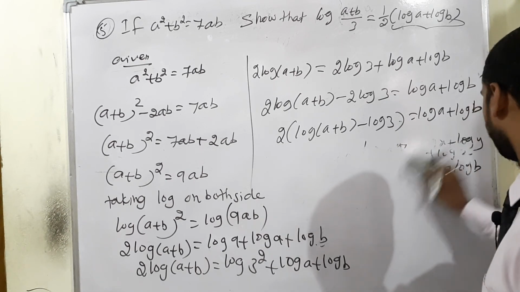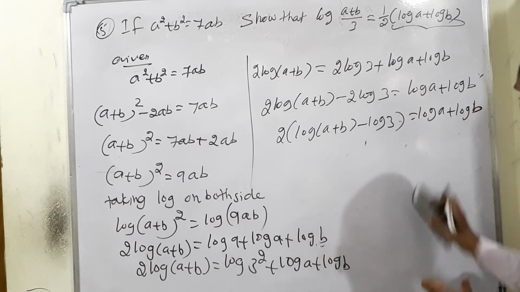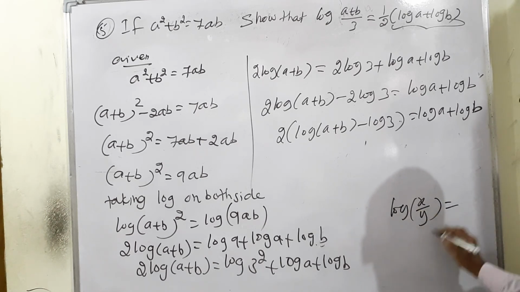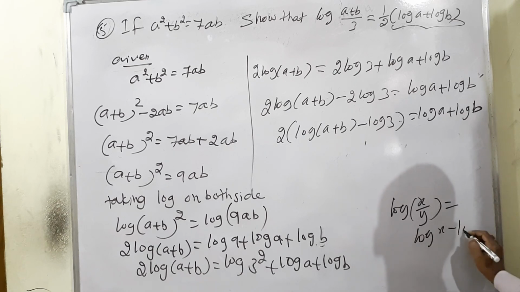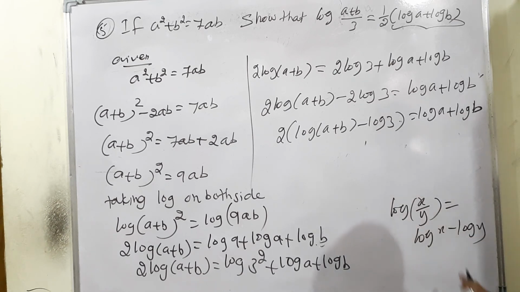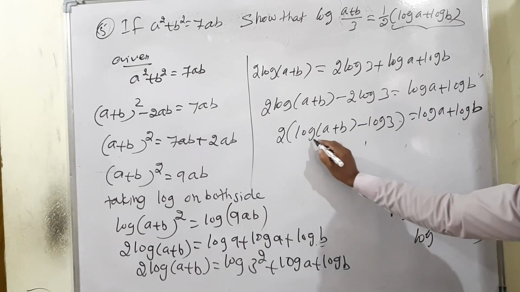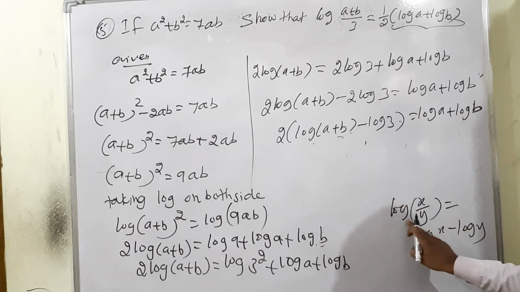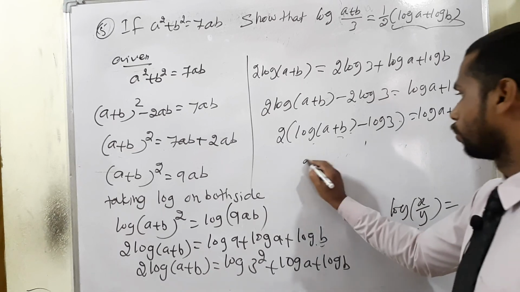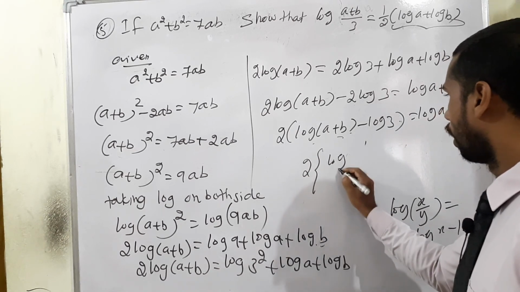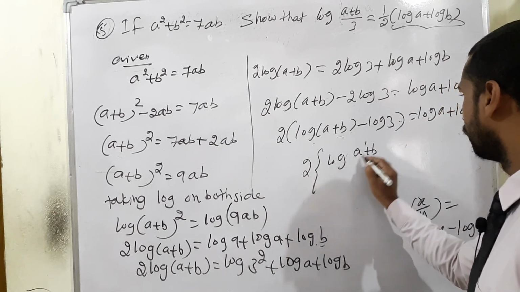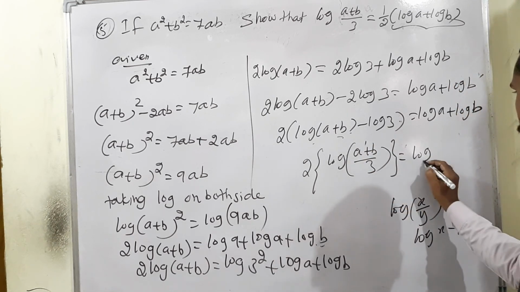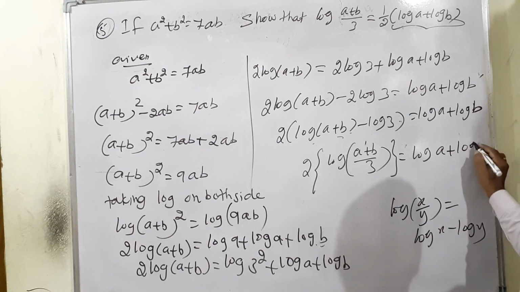Then one more property, division, the quotient rule. What is the meaning? Log x by y is equal to log x minus log y. Look at that: log (a plus b) minus log 3, consider it as x minus y, just reverse it, it will be x by y. Therefore 2 log of (a plus b) divided by 3 is equal to log a plus log b.